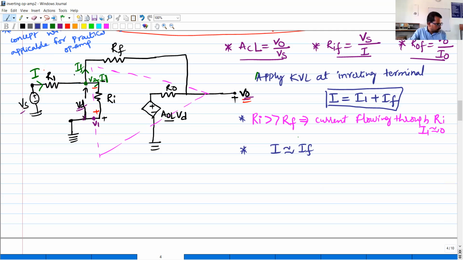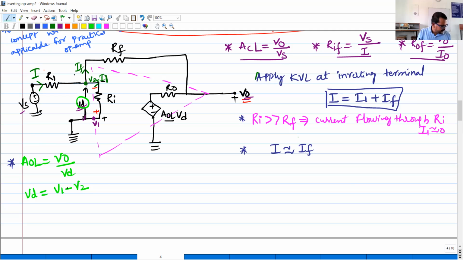And another important point is, we know that AOL is output voltage by the input voltage of this operational amplifier, which is VD. What is VD here? VD is equal to the voltage difference V1 minus V2, right?